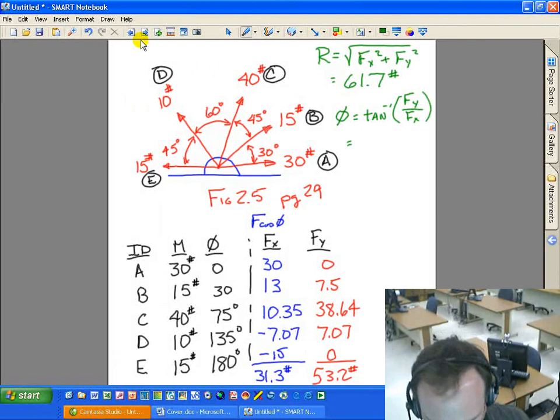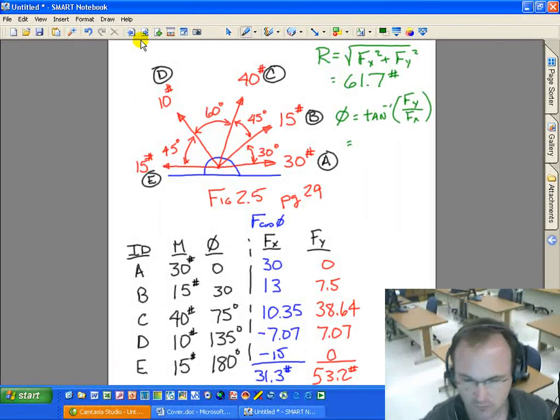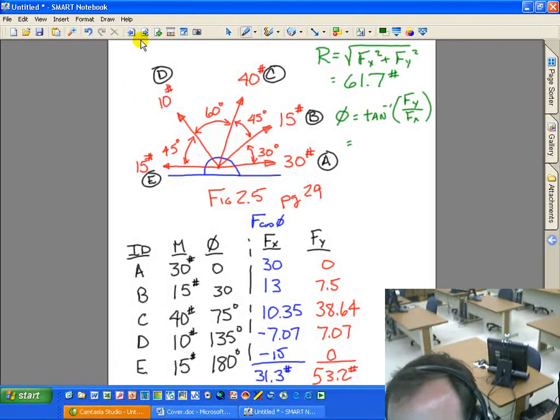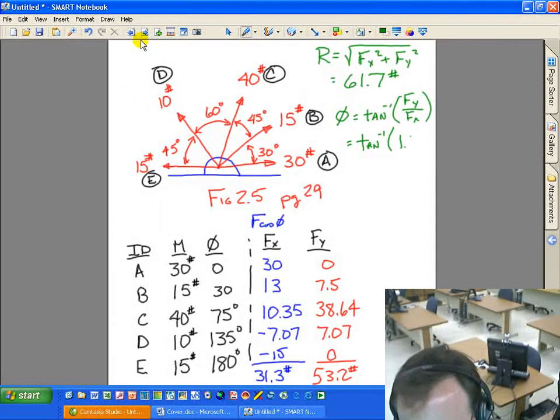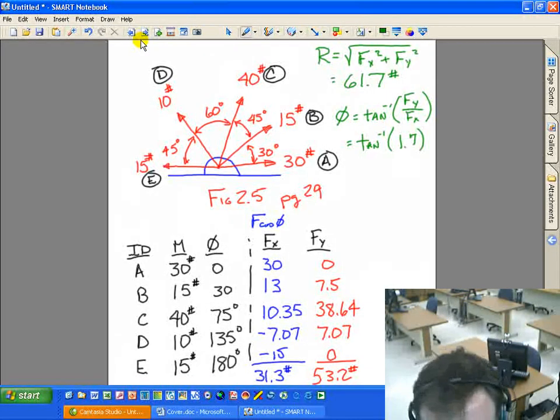So that's the tan inverse of 53.2 divided by 31.3, which is 1.7 basically.